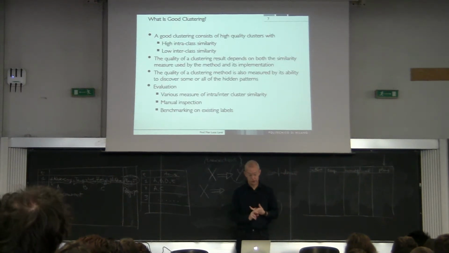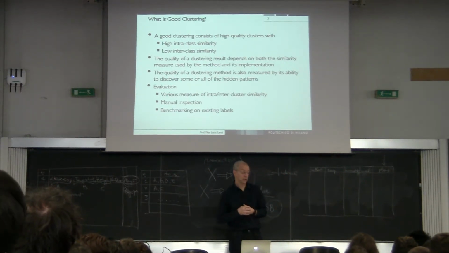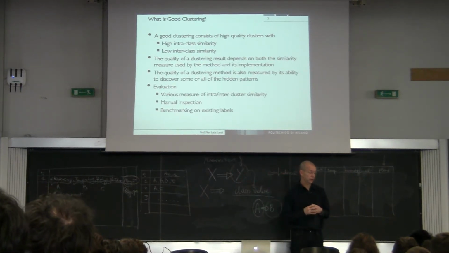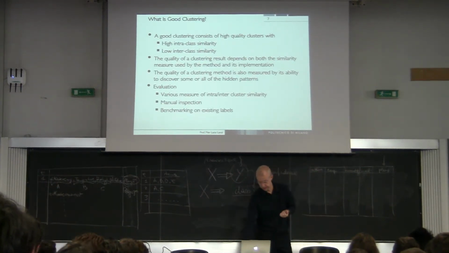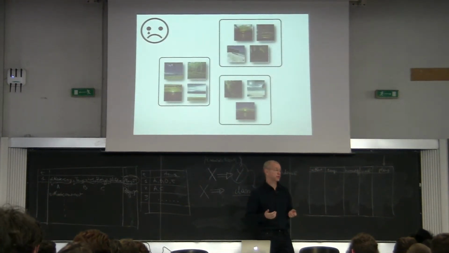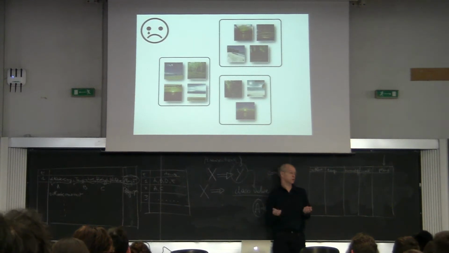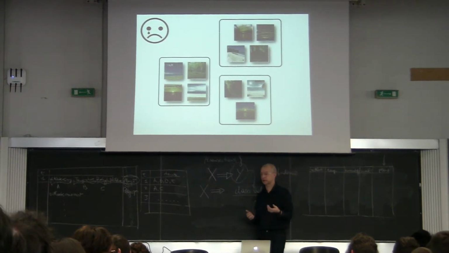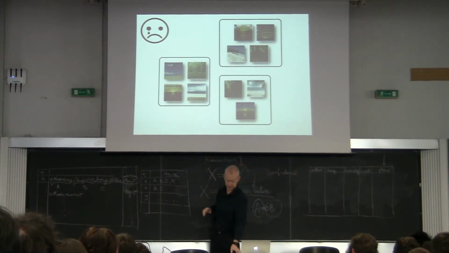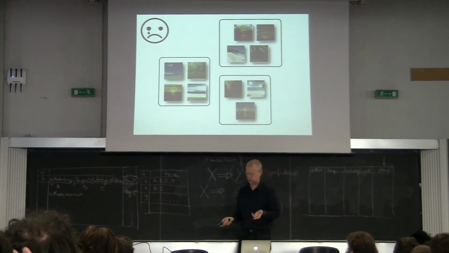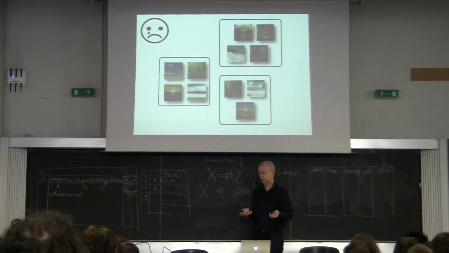I can have very different ways to evaluate. For instance, if I have a good similarity function to evaluate the result, I can run it and say, you know what, I can find two elements that are more similar but belong to different clusters, so the result is really weird, which is not okay.